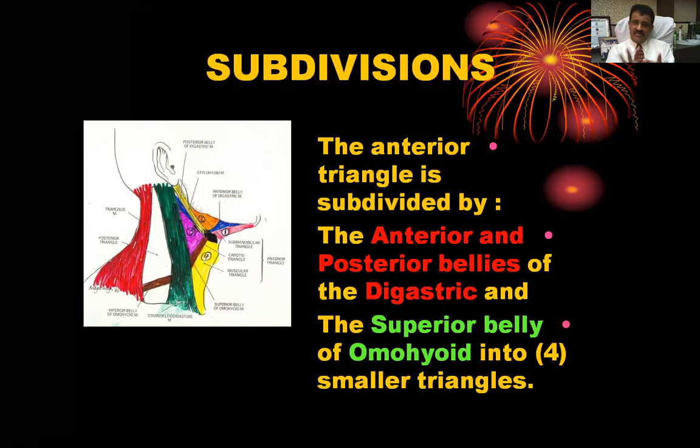These three muscles divide the anterior triangle into four smaller triangles, also called subdivisions.